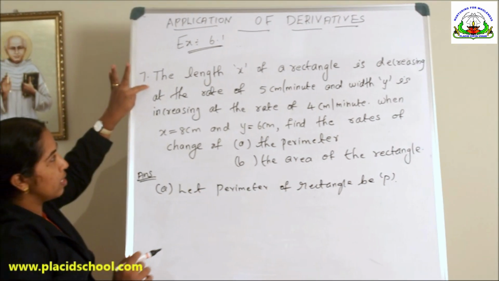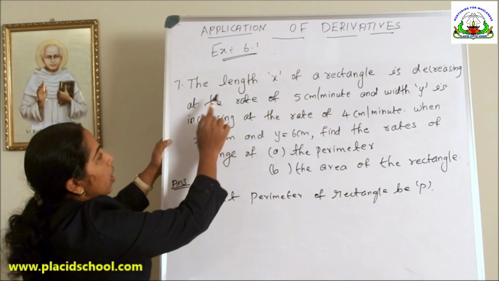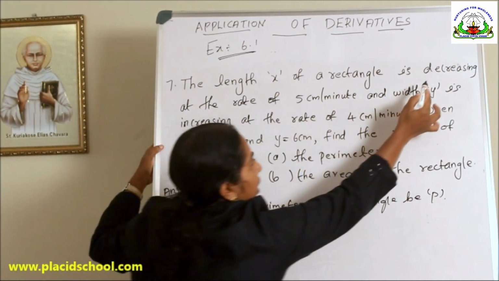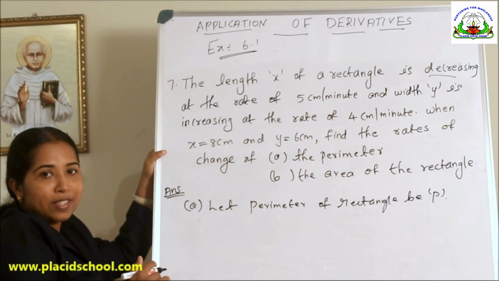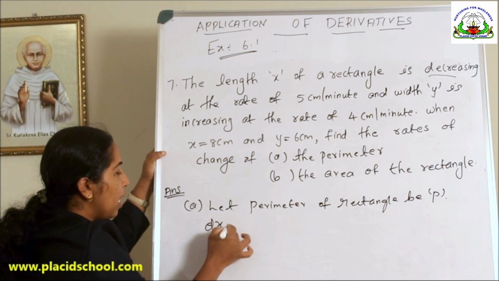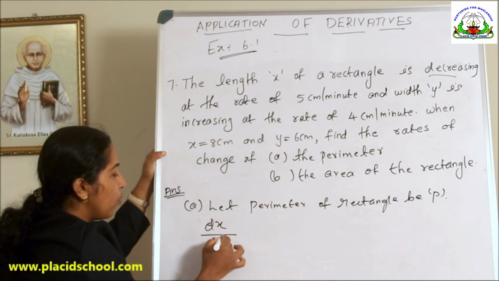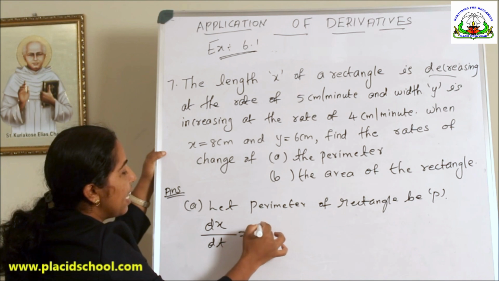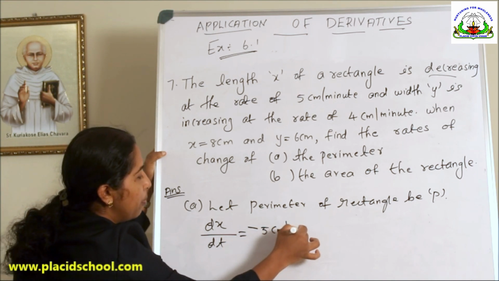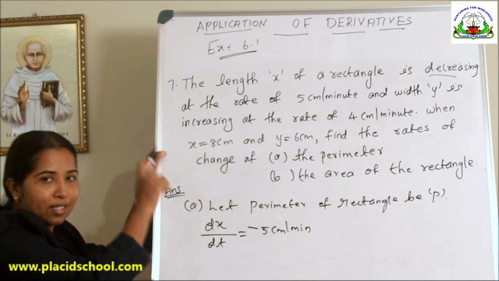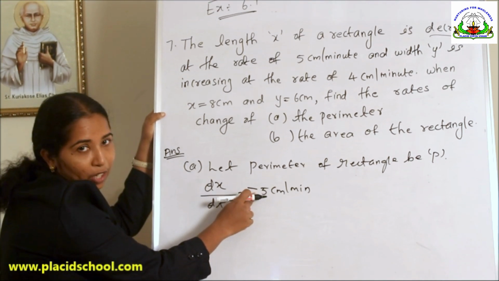Now going back to the question, it is given that length is decreasing at the rate of 5 centimeter per minute. So the rate of change of length x with respect to time t is negative 5 centimeter per minute. Since the length is decreasing, we have to use this negative sign.